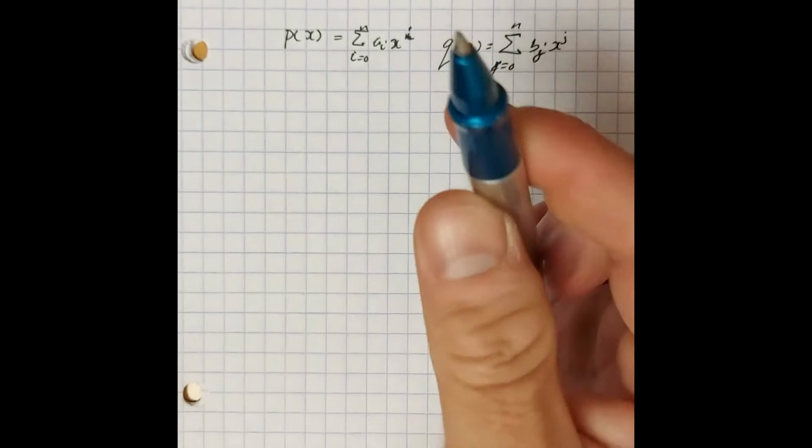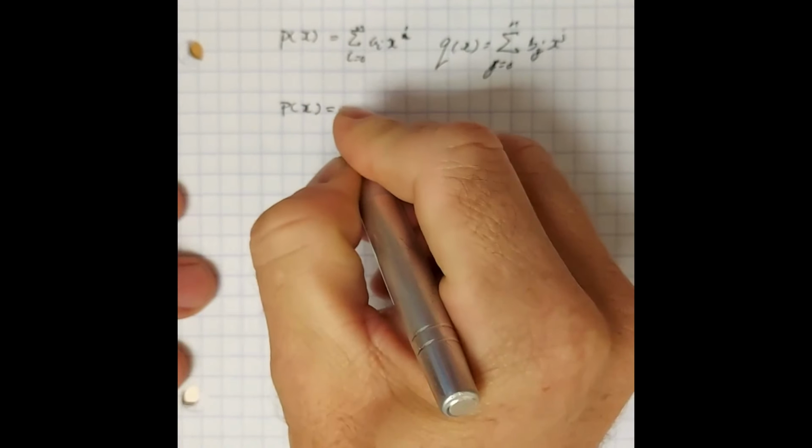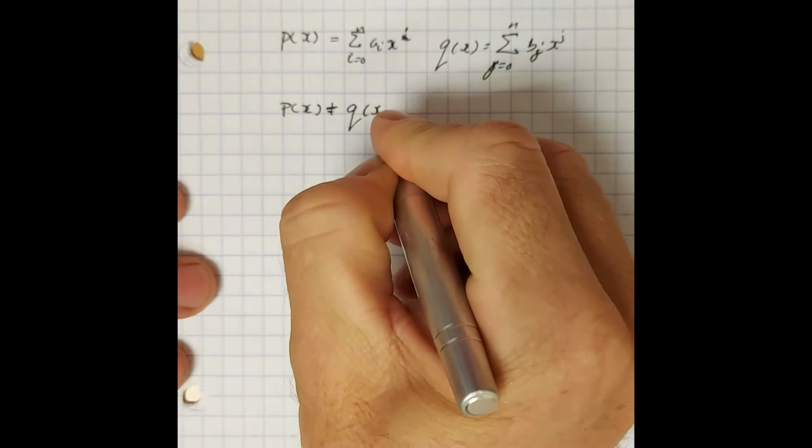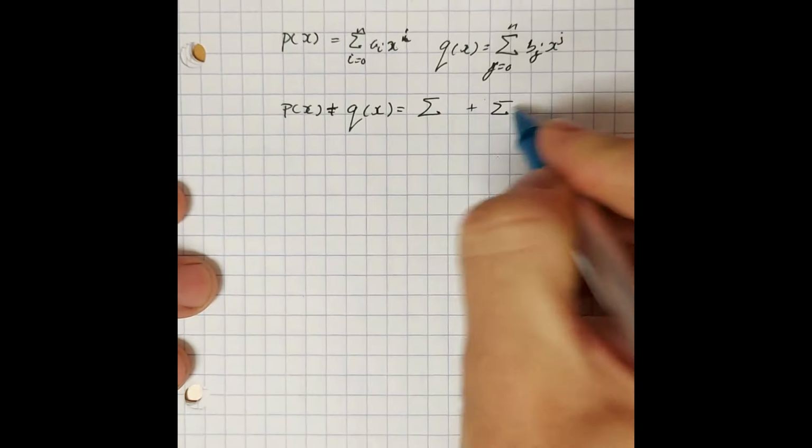So the first thing we need to show is closure: the sum of p of x plus q of x is equal to the sum of each of these terms.